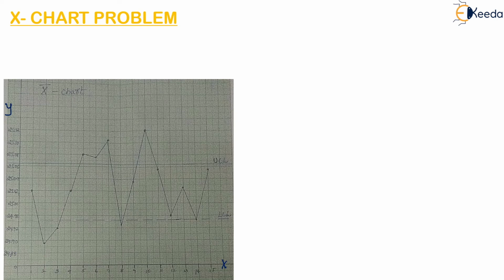Okay, so 24.88, then 24.90, okay, 24.92. I have taken the dimension or the diameter which is already given. So based on the component, the values or their dimensions are marked here. So after marking them, we will join these straight lines, and also we will mark the upper control limit value.